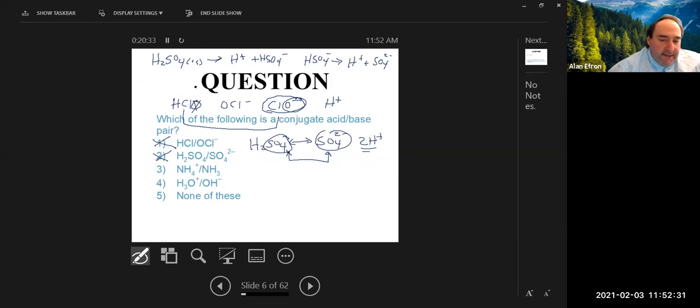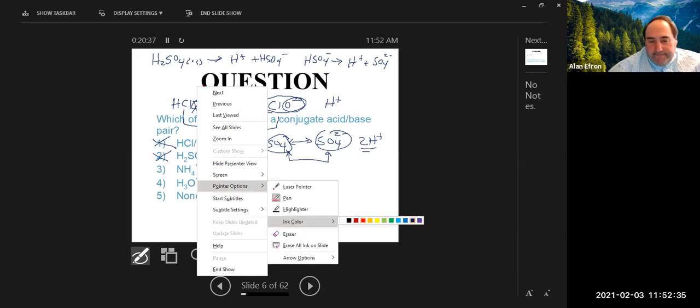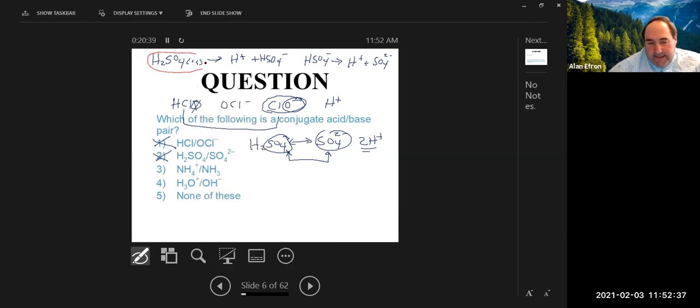So when we look at this in terms of pairs, this one and this one, they are actually pairs. This one here, which was the product of the first, and the one that we see here, SO4 2 minus, these would also be pairs.